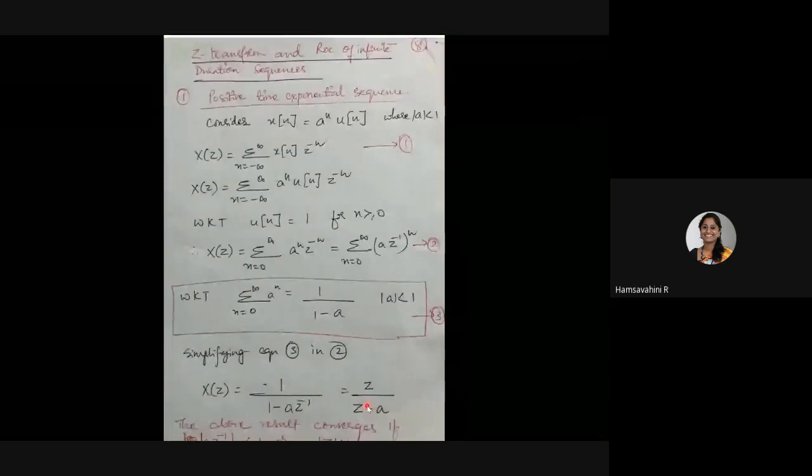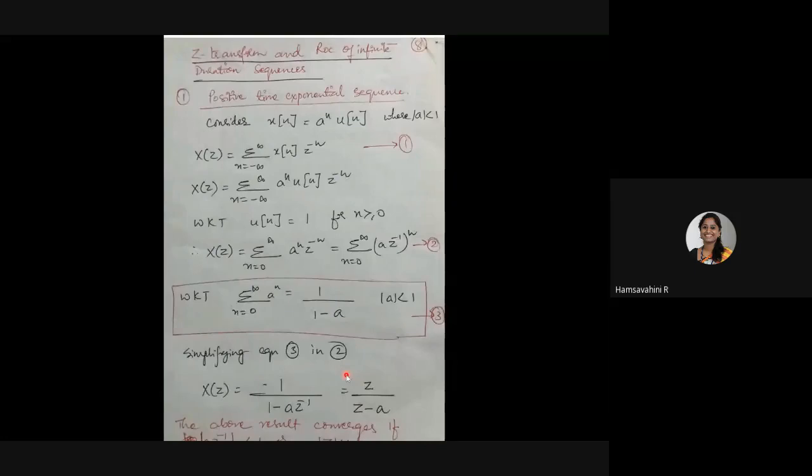So X of z exists only for the values of z for which it is absolutely summable. That means X of z should always be less than infinity. X of z is z by z minus a, the expression for the Z transform. I need to find for what values of z, X of z is a finite value.